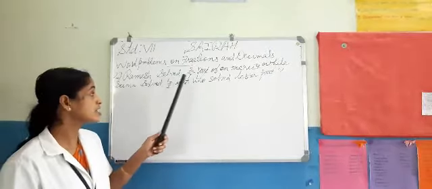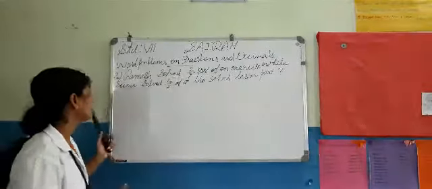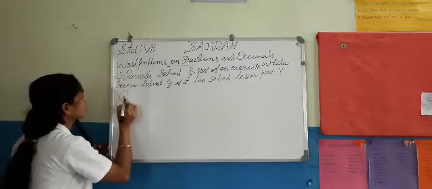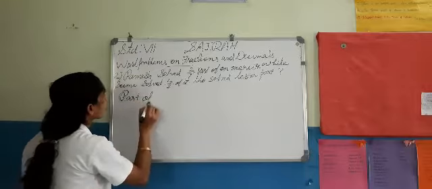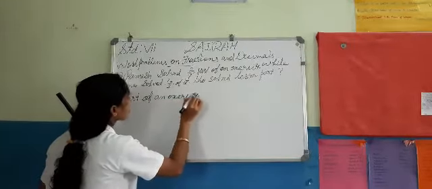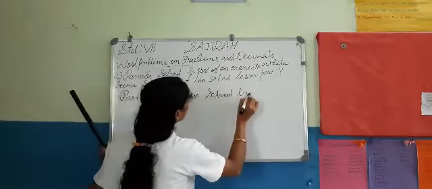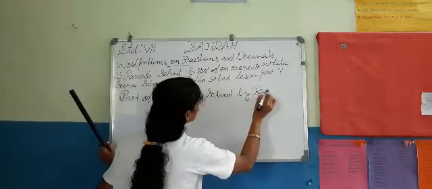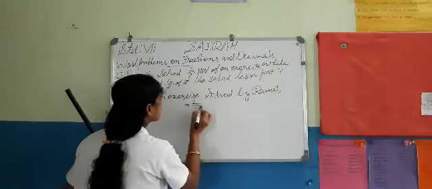The first one is the part of an exercise solved by Ramesh, that is equal to 2 by 7.